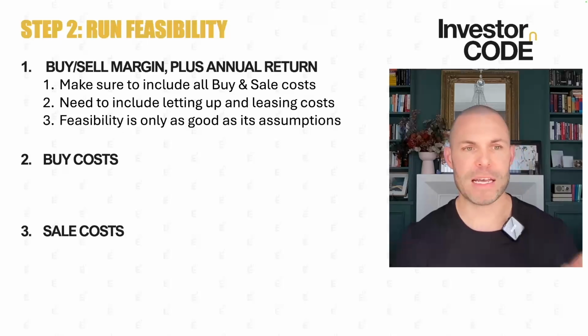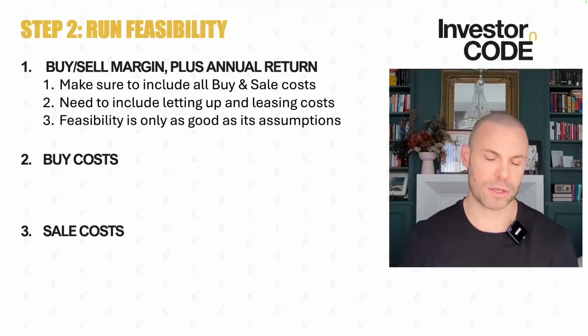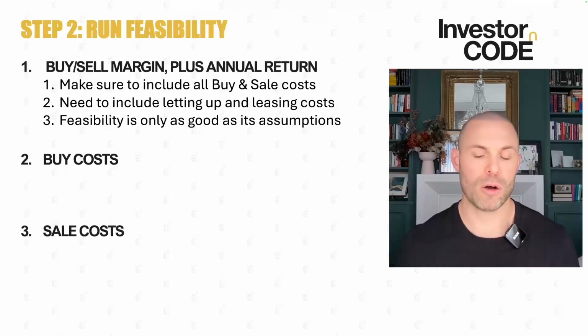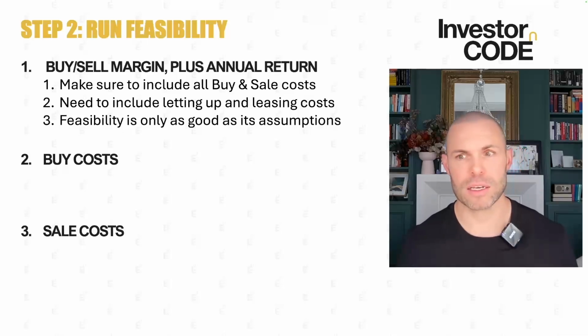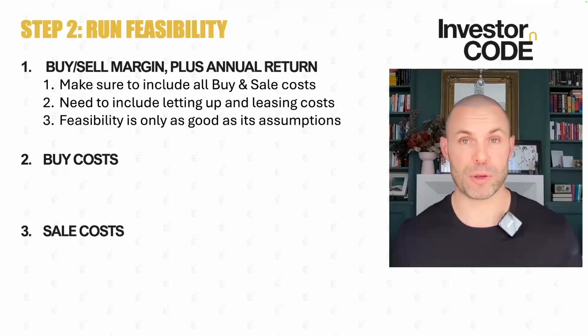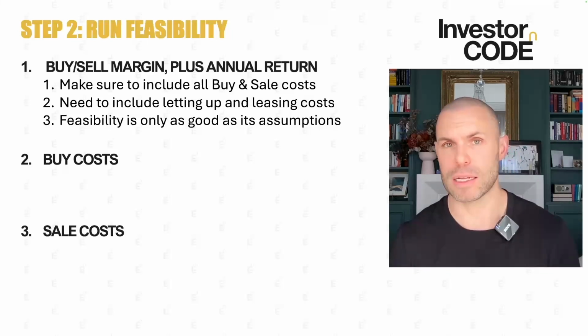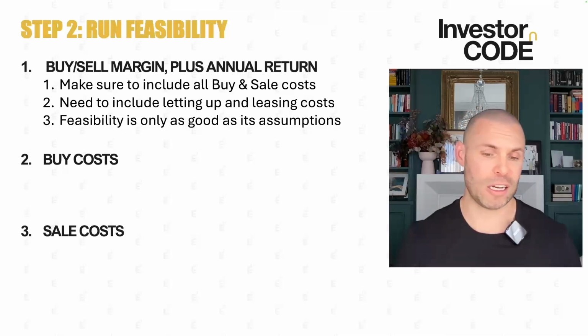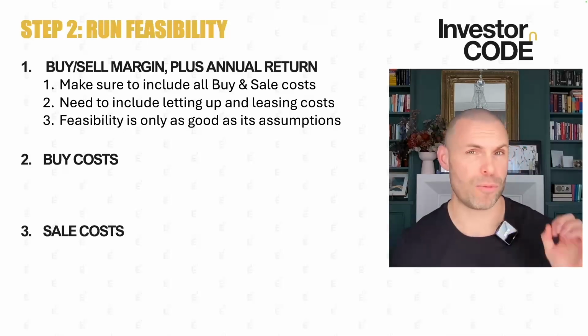And remember, a feasibility here is only as good as its assumptions. So again, as I said before, if you want to hold an asset for 5 years or 10 years, then you might have a little bit more wriggle room in your feasibility than if you're only going to hold it for 2 months. If you're only going to hold it for 2 months, you might need to be in and out, and the numbers have to be really, really spot on.